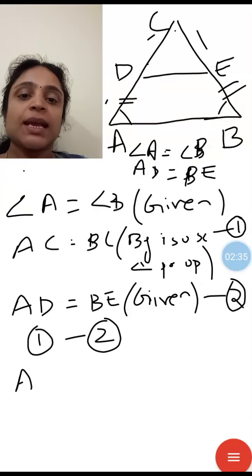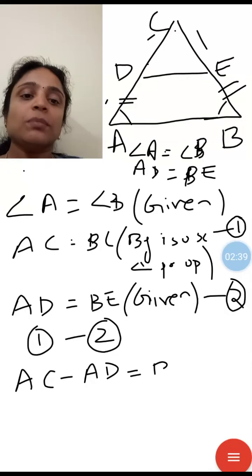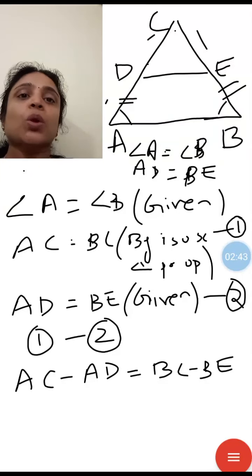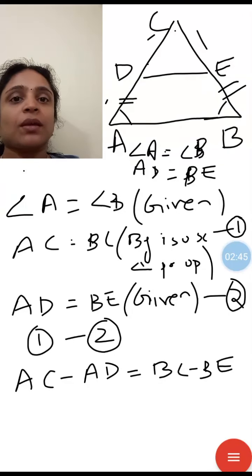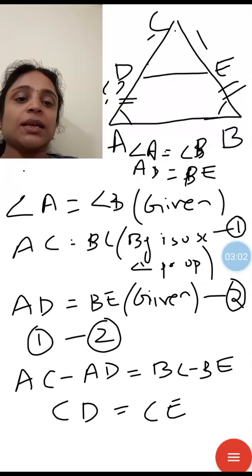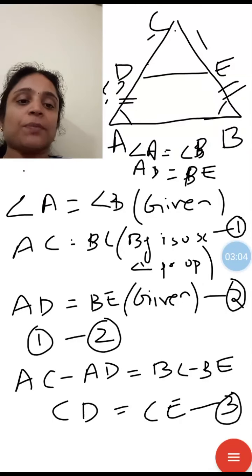It is AC minus AD equal to BC minus BE. What is AC minus AD? This full AC minus this AD will give CD, right? So, CD equal to, and the full length BC minus BE will give CE. CD equal to CE. Let this be equation 3.